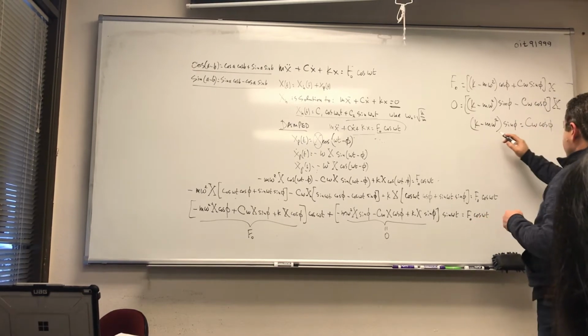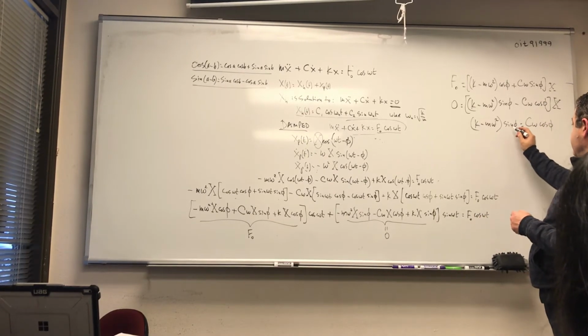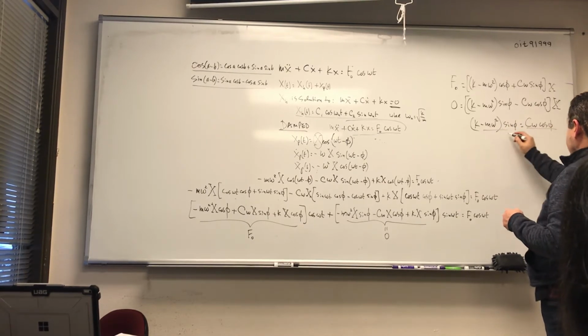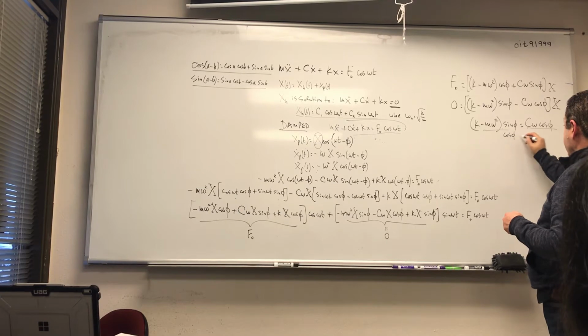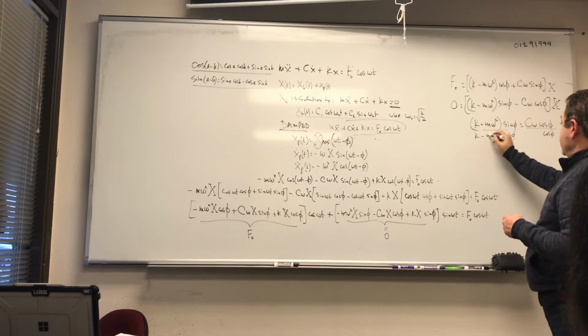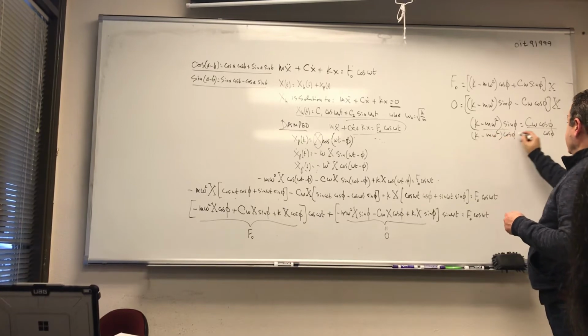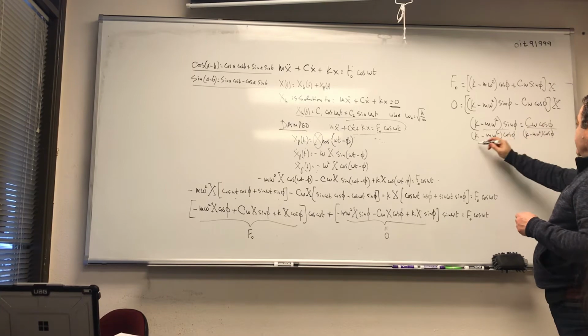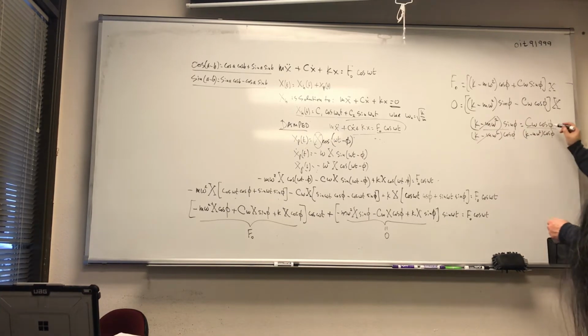So we would divide both sides by cosine phi, and then by k minus m omega squared. So this cancels, that cancels, the cosine and cosine cancel.